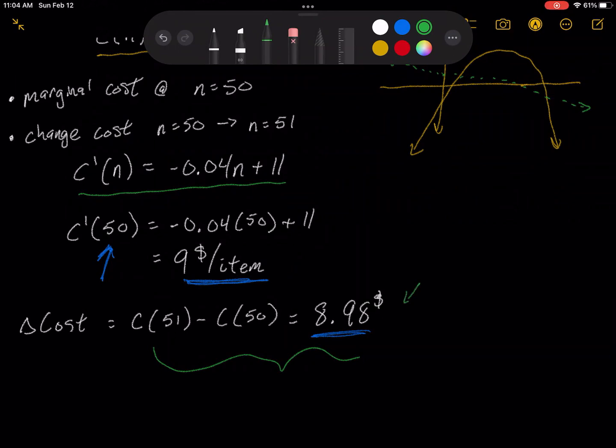So you're using your derivative as sort of an estimate for your cost function, right? If you know your current cost and how fast your cost is changing, then you should be able to estimate the cost of the next item, right? Our derivative told us that our cost is increasing $9 per item, and the actual change in the cost is about $9 from 50 items to 51 items.